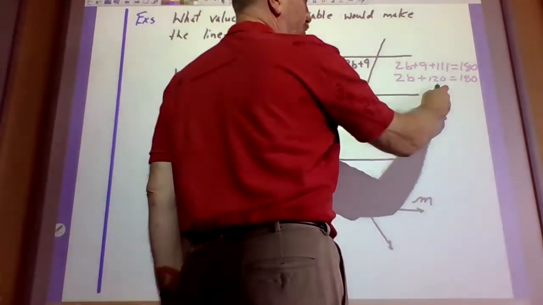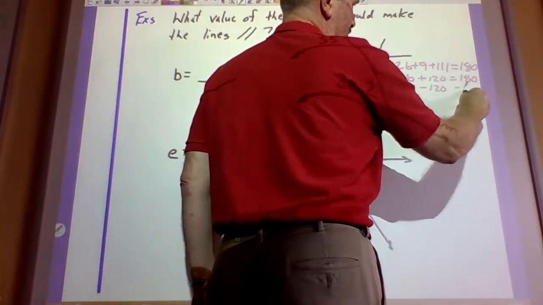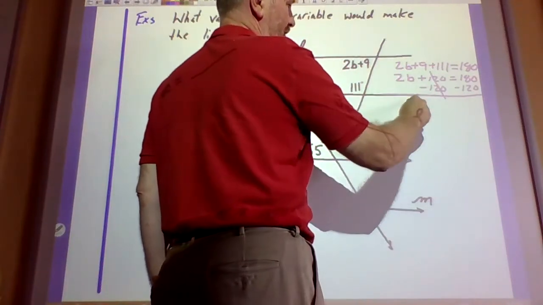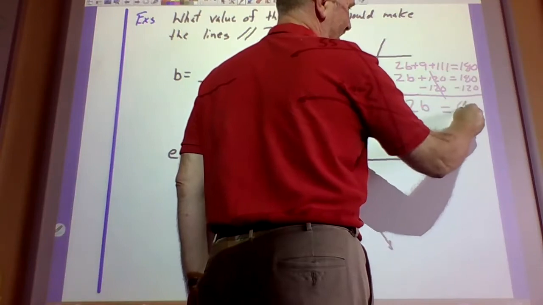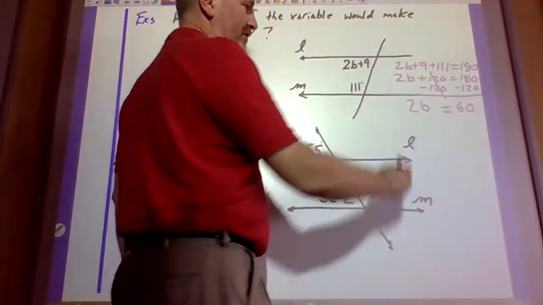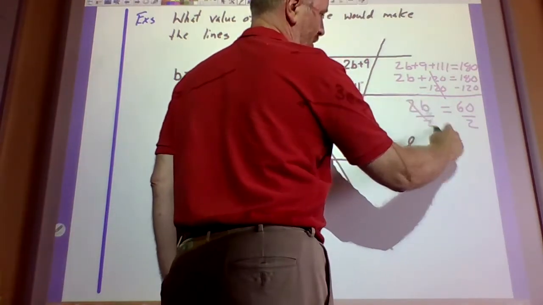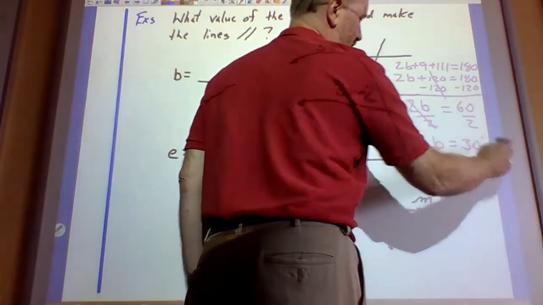You'd subtract 120, and to be equal, you subtract 120 from the 180. And they'll cancel out over here. You'll have 2b equals 60. And then all you got to do now is divide off that times 2. So you divide by 2 and divide by 2. Cancels that out. And you get b equals 30.